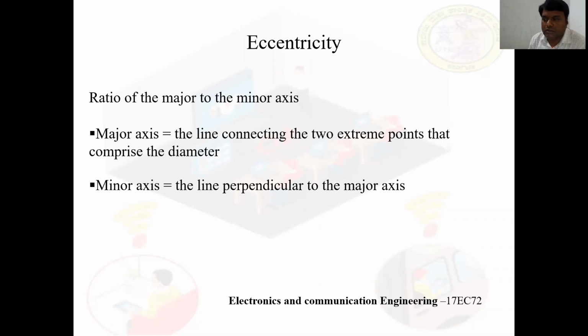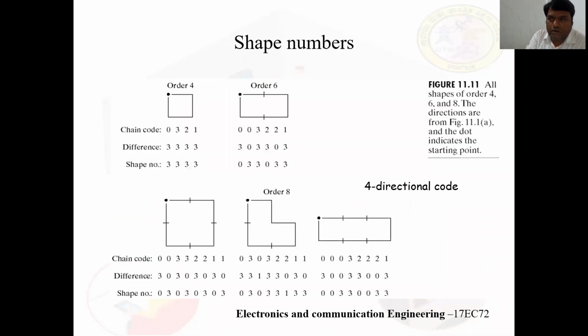So the ratio of major axis to minor axis is called the eccentricity of a boundary. Statistical moments can be used to describe the shape of a boundary segment.